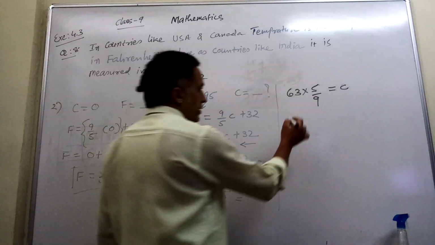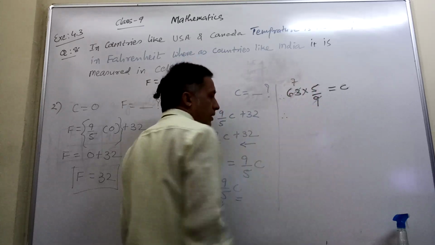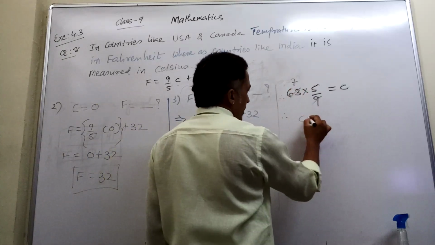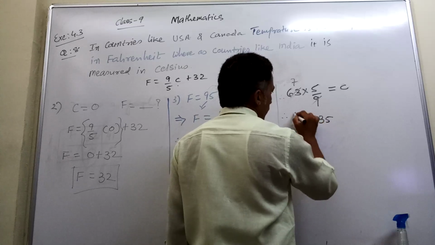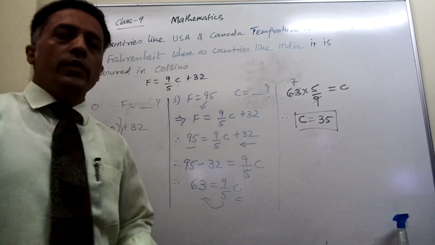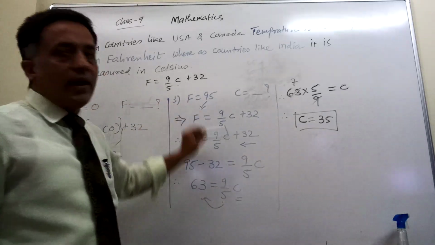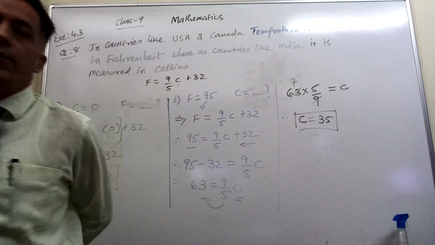Now we can simplify this one: 9 7s are 63. So 7 5s are 35, that is the value of C. So we can interpret that when Fahrenheit is 95 degrees, Celsius is 35 degrees.